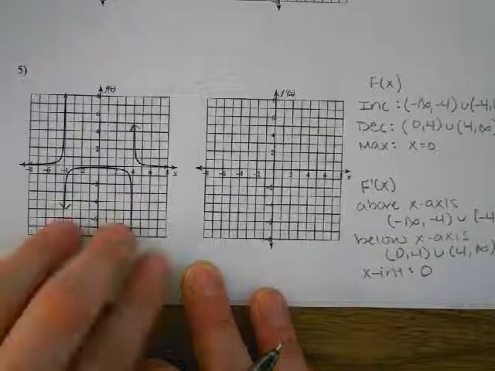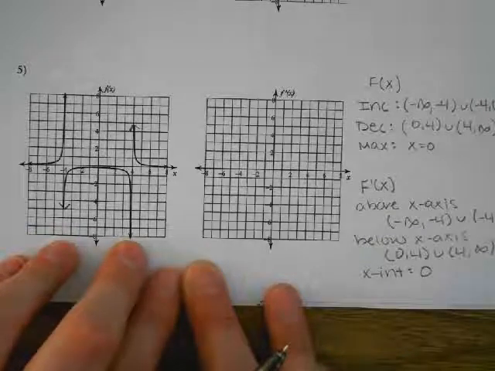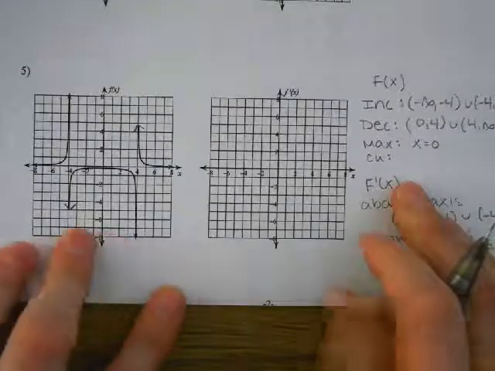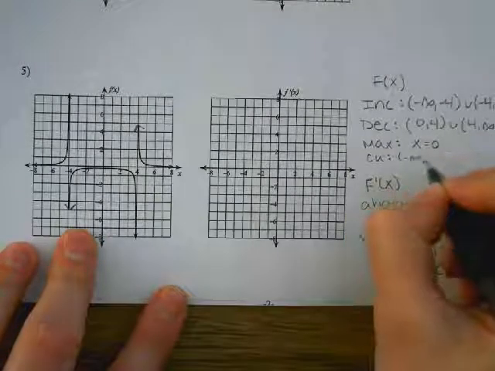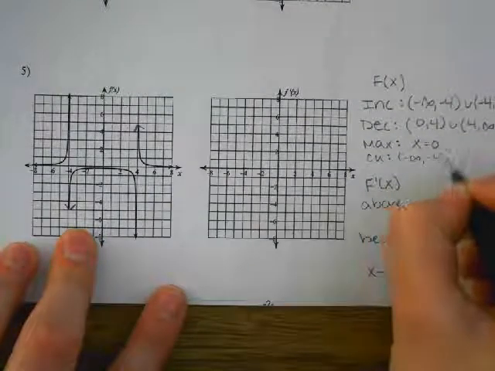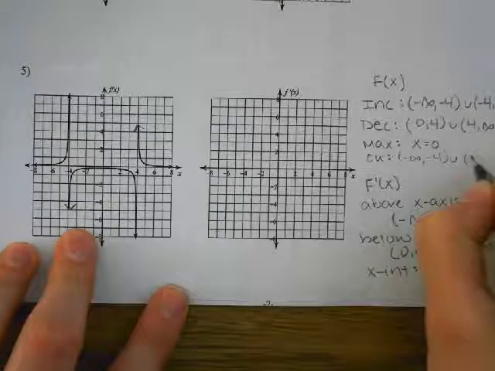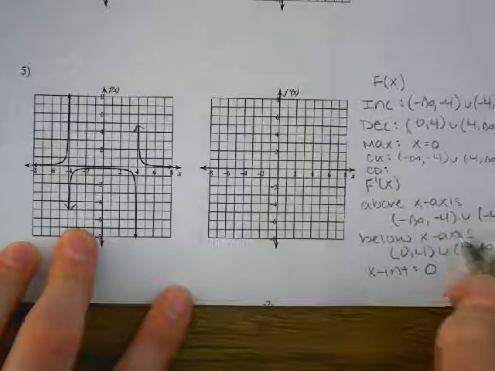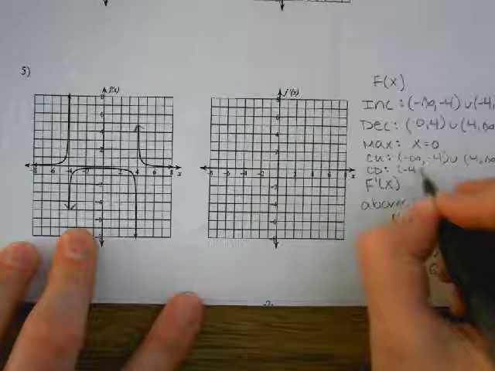All right. What about concave up, concave down? We could describe that. So negative infinity to negative 4, and 4 to infinity. And where is it concave down? Negative 4 to 4.